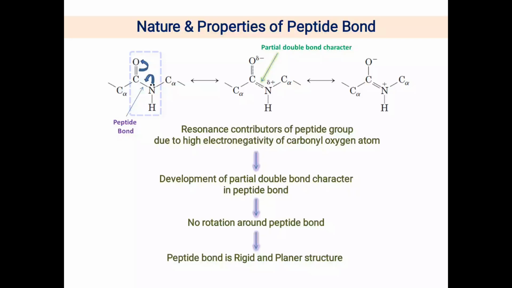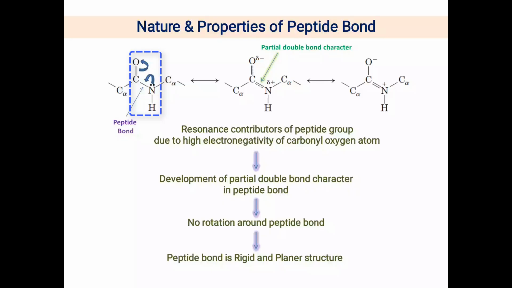So you can see four specific atoms: carbonyl oxygen, carbonyl carbon, amide or peptide nitrogen and peptide hydrogen. All these four atoms constitute the peptide group. There is a peptide bond between the carbonyl carbon and the amide or peptide nitrogen. This C-N bond is said to be the peptide bond.